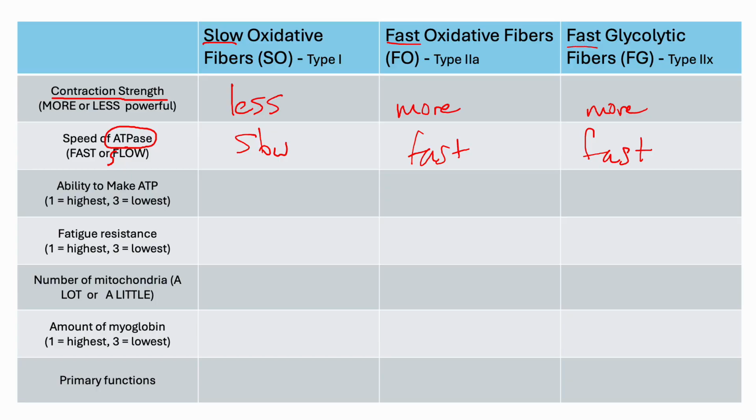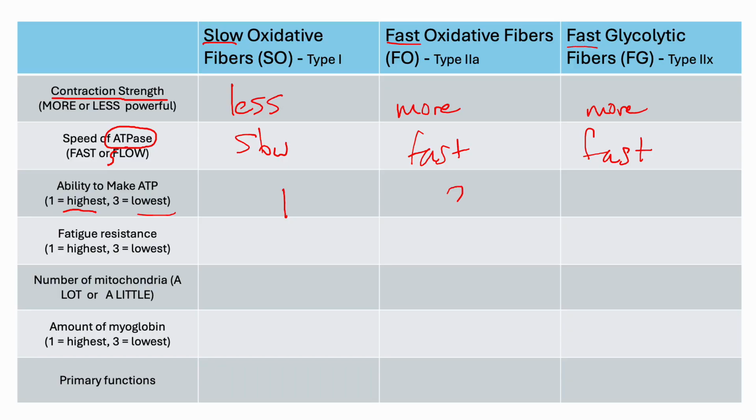Now, the ability to make ATP. So we're talking about either glycolysis or aerobic respiration. We'll number them from the highest amount of ATP to the lowest: 1 would be the highest, 3 would be the lowest. Our slow oxidative fibers actually have the highest ability.